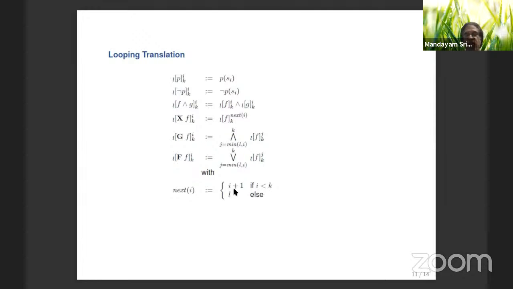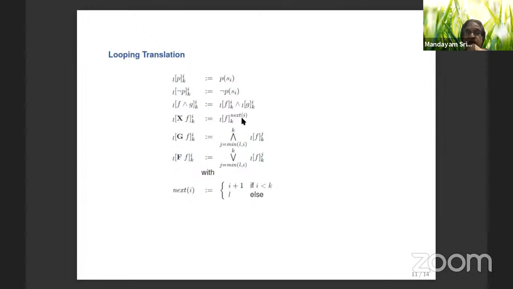If not, in the non-looping case, you couldn't say anything, but here you could say something by taking the suffix of the K-long path starting from L, okay? So that's what this is saying.